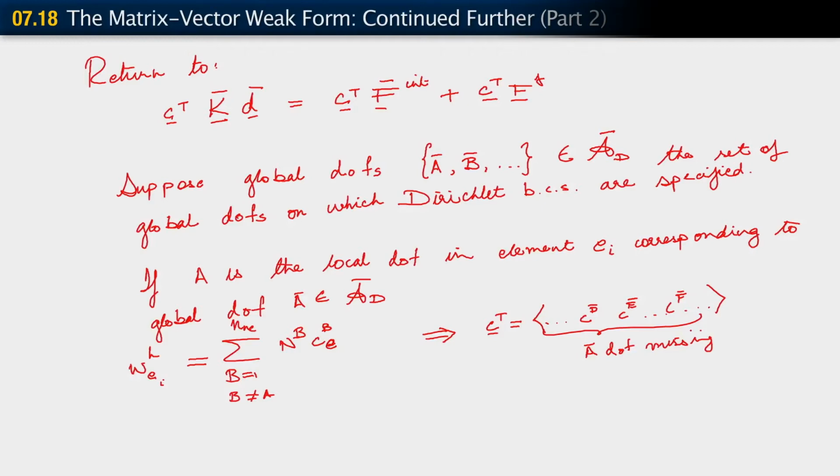So if this is so, we know that now the dimension of C transpose is going to be somewhat reduced, right?